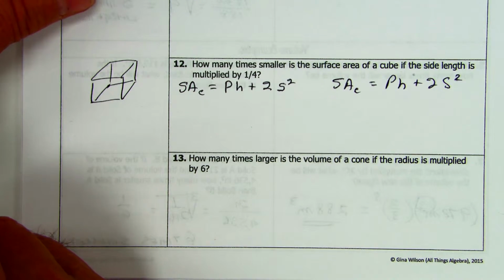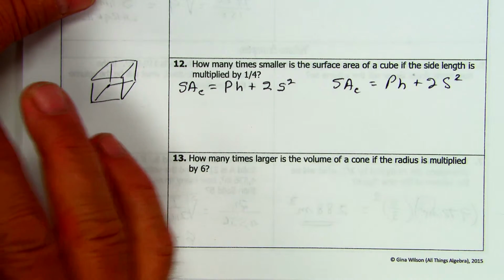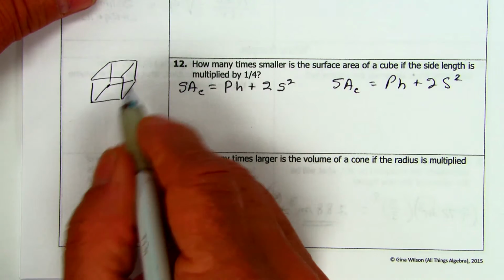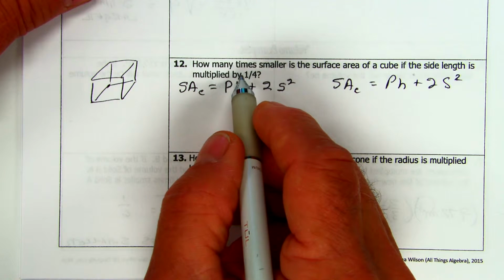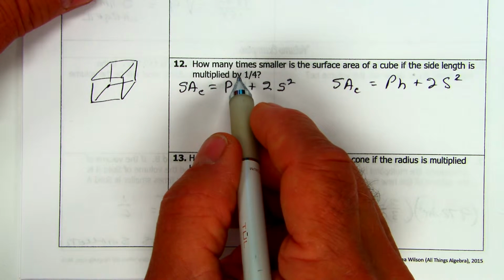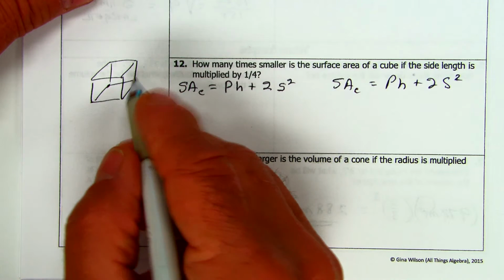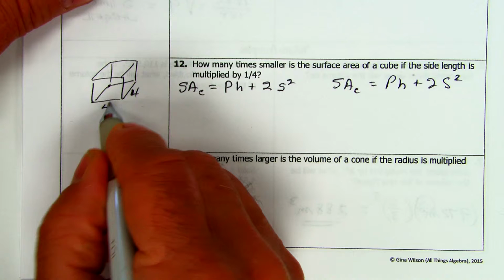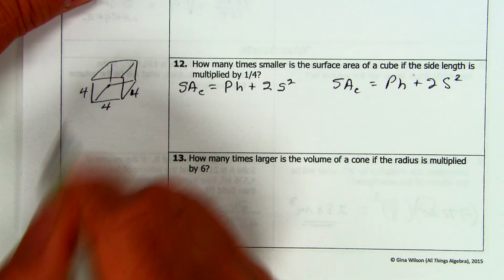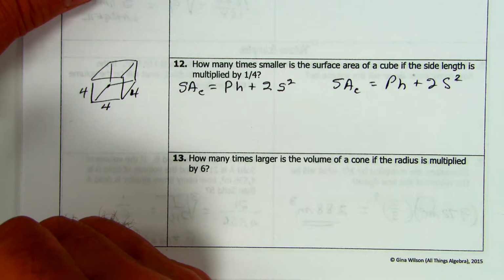Now, what I'm going to assume first, whatever I choose here for my sides, I'm going to have to multiply times 1/4. So if I don't want to mess with a bunch of nasty fractions, what am I going to choose this to be? That's right, 4. 4, 4. Okay, so my cube, all sides are 4. Okay, that's in case 1.